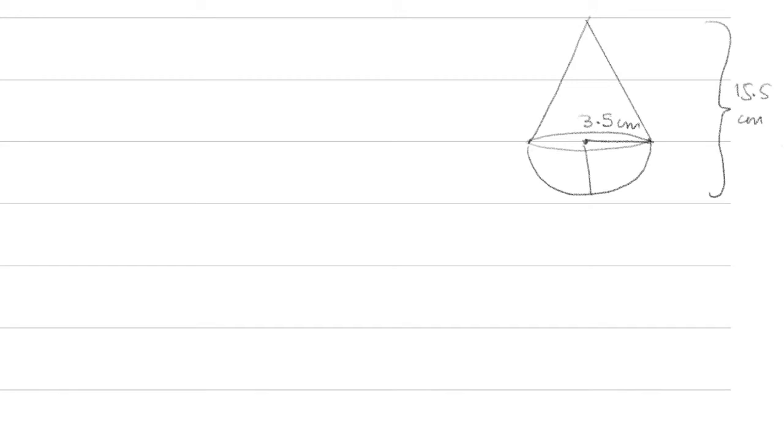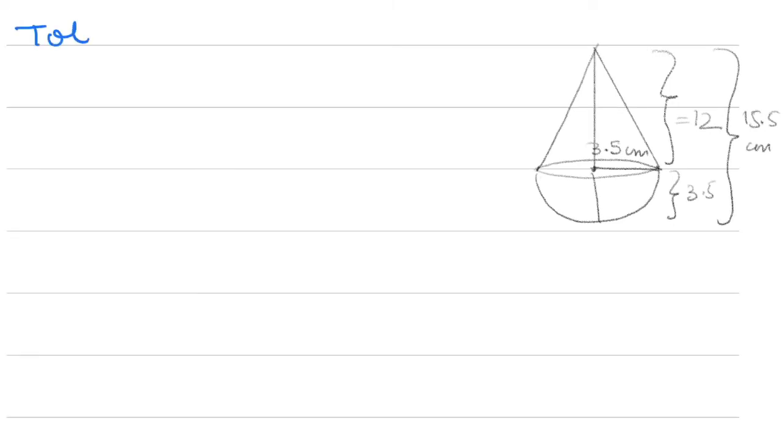This will be the radius, so this is 3.5, and the height of the cone will be equal to 15.5 minus 3.5, which is 12. We have to find the total surface area of the toy.